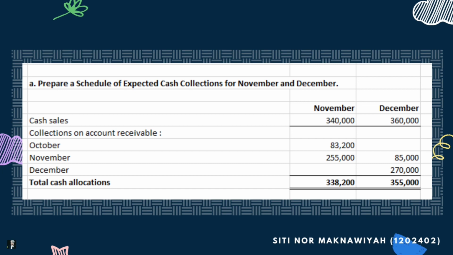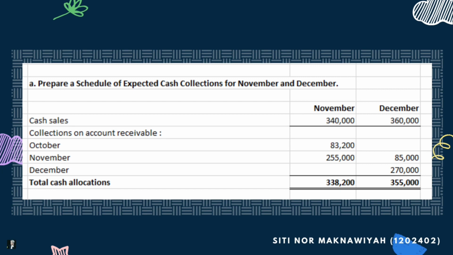Meanwhile, for November, we can get the amount, which is 255,000 ringgit, by multiplying 340,000 ringgit with 75%. For the following month, December, we can get the amount, which is 85,000, by multiplying 340,000 ringgit with 25%.